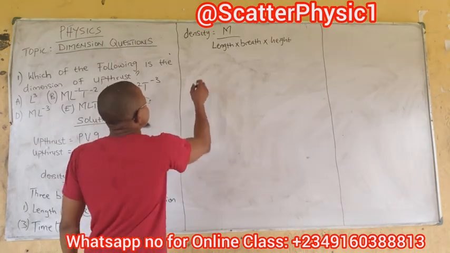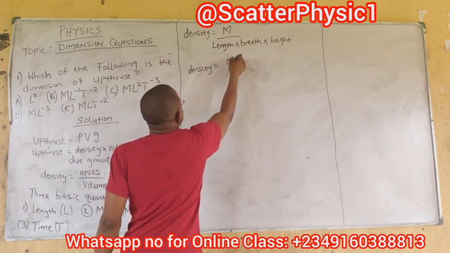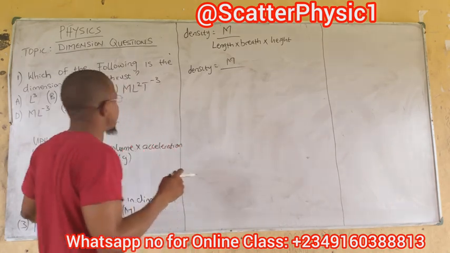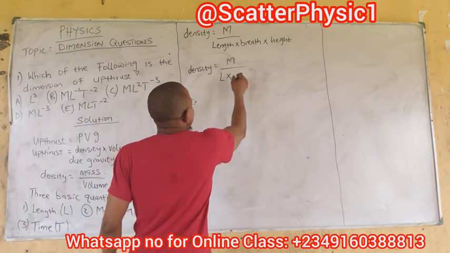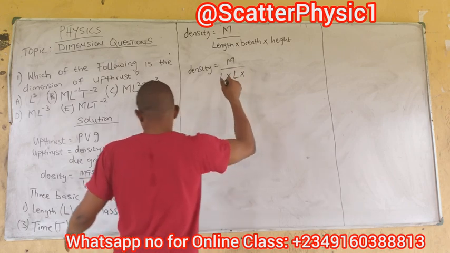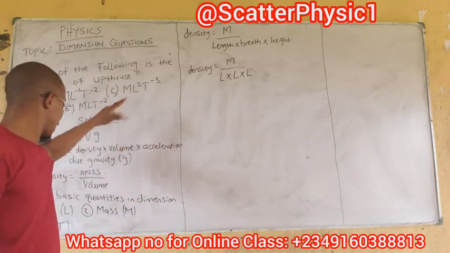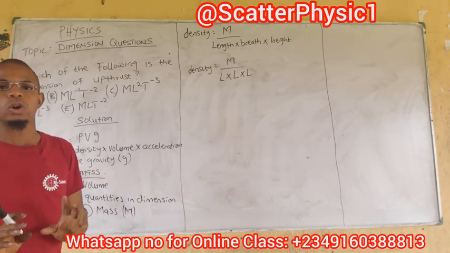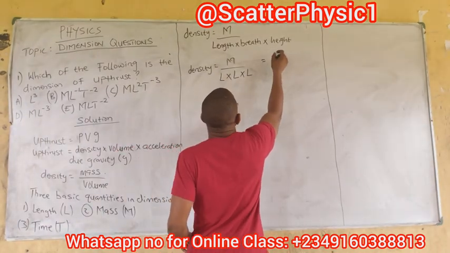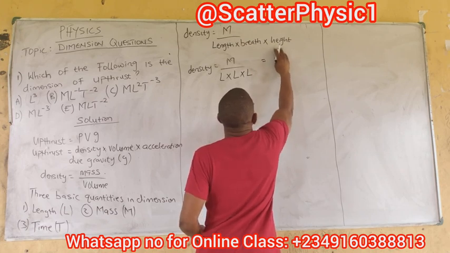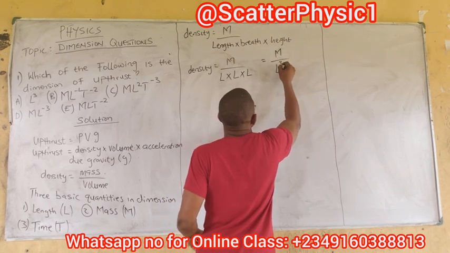So density is equal to M all over our length L, times our breadth, still L, and our height, still L. Whatever you have that is not L, M or T, we call it L, which is length. So we have M over L times L times L, which is L raised to power 3.